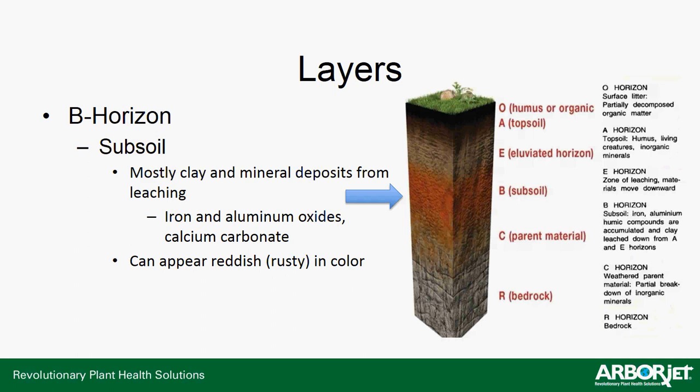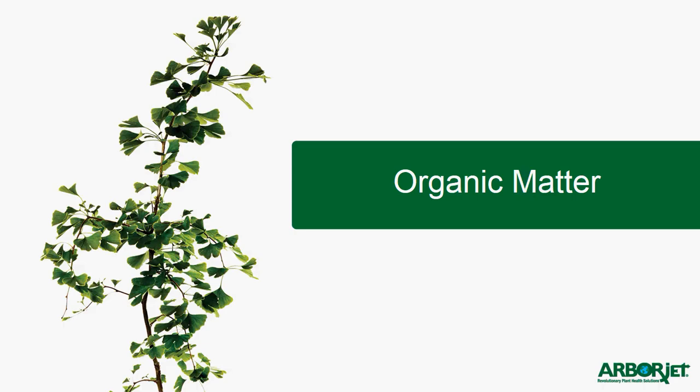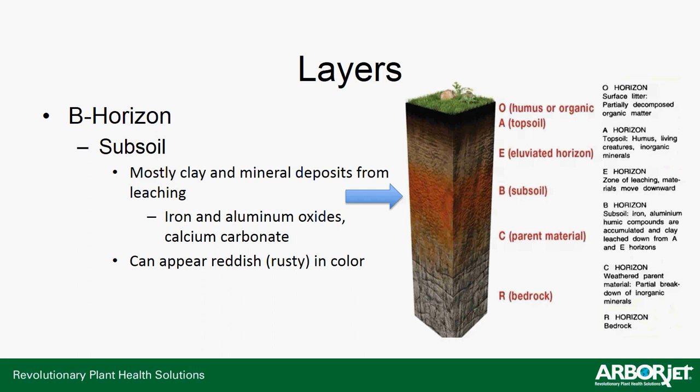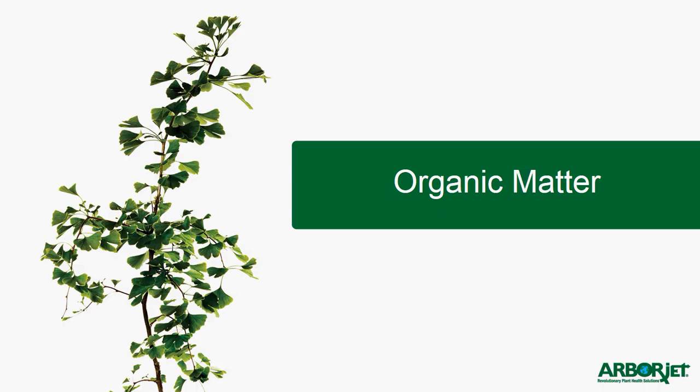And because of the iron and aluminum deposits, it might actually appear rusty in color. And then the other 2 layers, the parent material and bedrock, if you reach that, then you must be mining and you're trying to get to something, because at this point you're 5 to 10 feet into the soil.